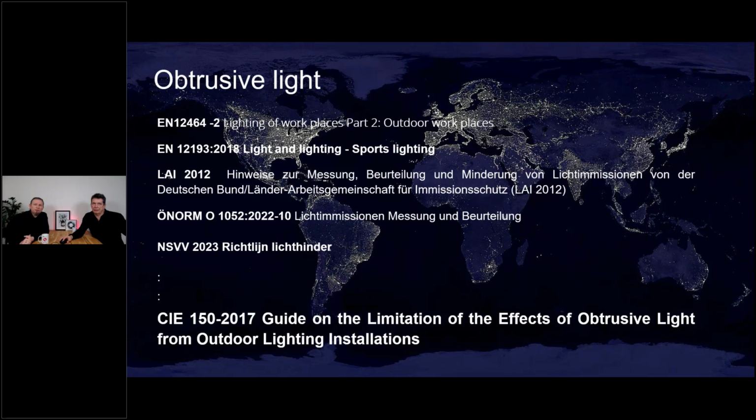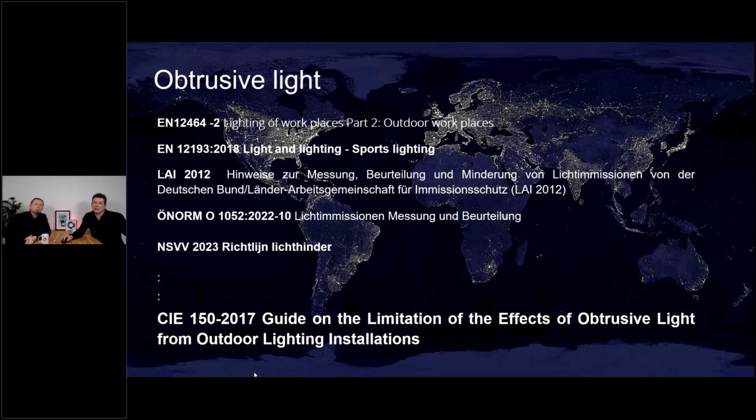In CIE 150 you have the description of the calculations and also the introduction of the values and criteria for how to evaluate obtrusive light, and also some limits for obtrusive light depending on areas, which we will see later on. So CIE 150 is in a way the basis which is referred to and mirrored in the other standards.